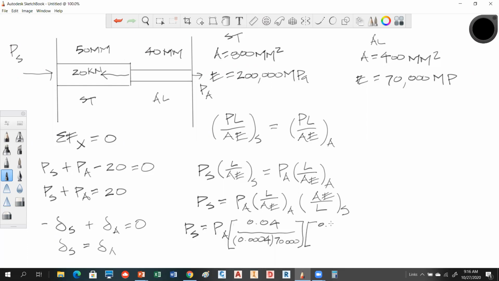That goes to 0.0008 times the modulus of elasticity, which is 200,000 megapascals. And all of that is divided by the original length, which is 50, so that's 0.05.